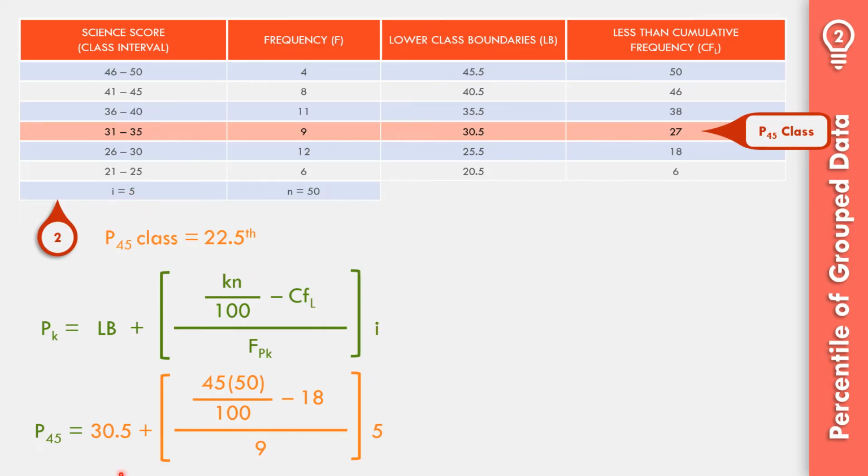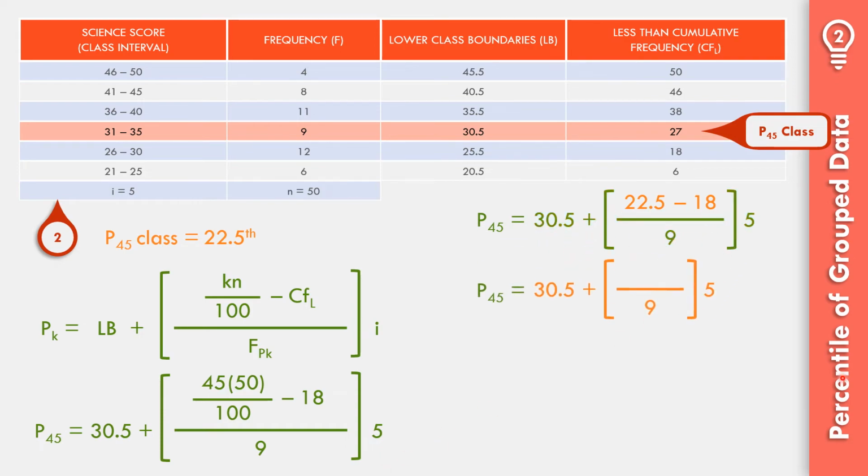So let us continue to solve. So p sub 45 is equal to 30.5 plus 45 times 50 over 100, that is 22.5. Copy negative 18, copy 9, copy the interval 5. So p sub 45, copy 30.5, 22.5 minus 18, the answer is equal to 4.5 over 9, copy the denominator, copy the interval 5.